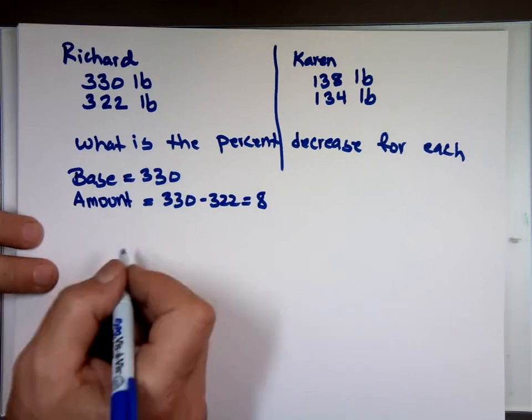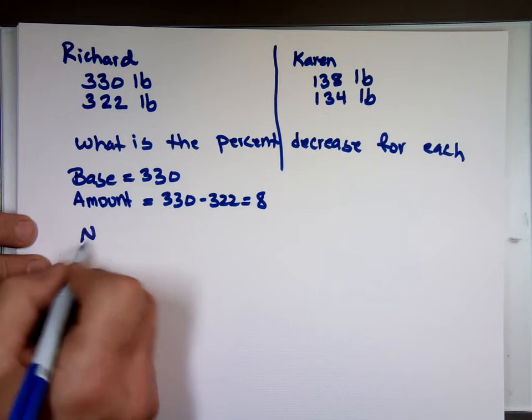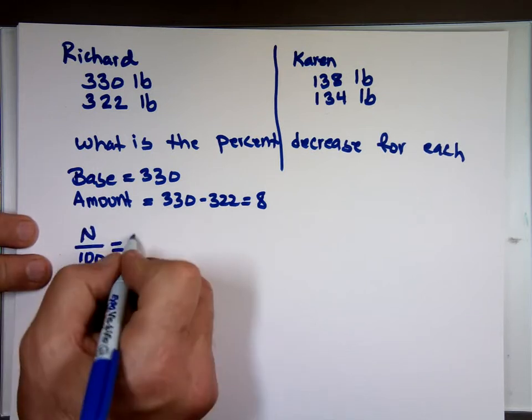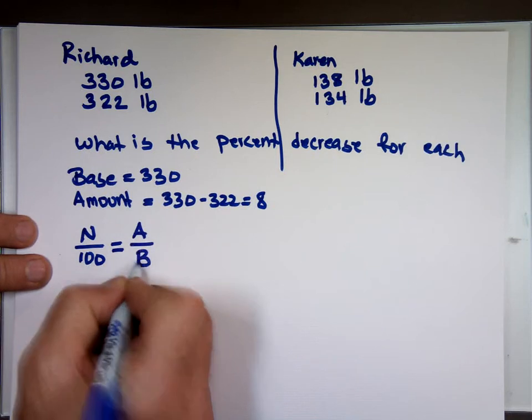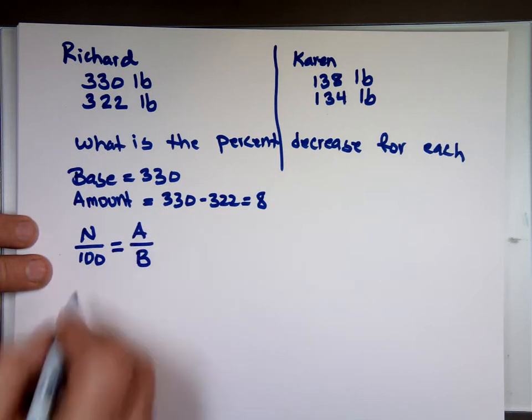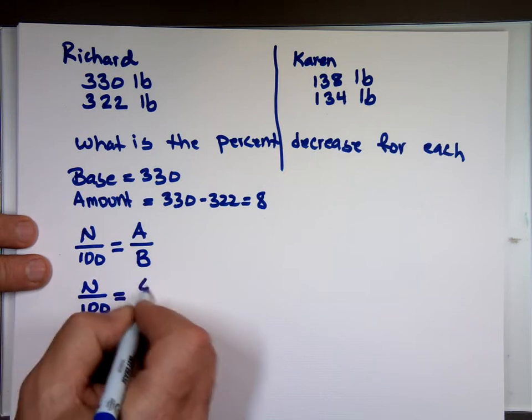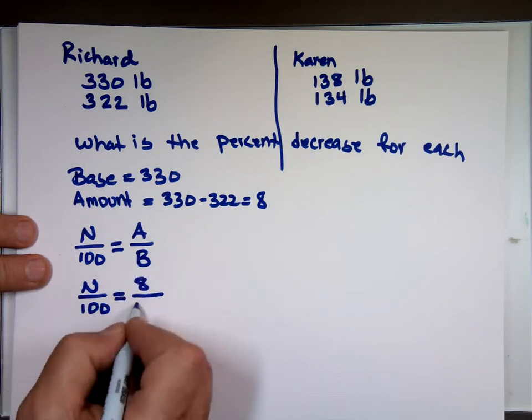Let's find the percent for him. N to 100 is the same as what? The amount to the base. N to 100, what's the amount for him? 8 to 330.